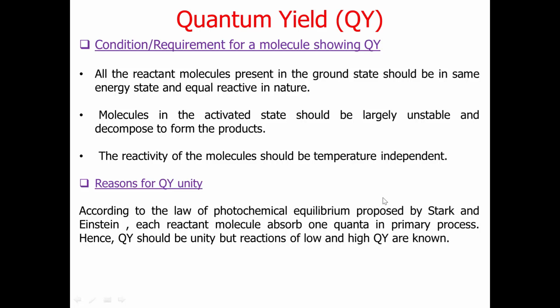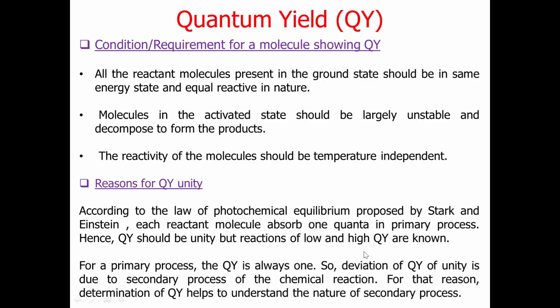But it has been observed that some photochemical reactions show low or high quantum yield, that means they deviate from unity. A value less than 1 is called low quantum yield, whereas greater than 1 is called high quantum yield.